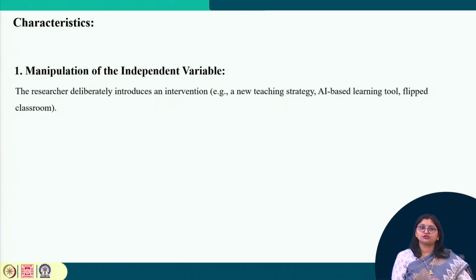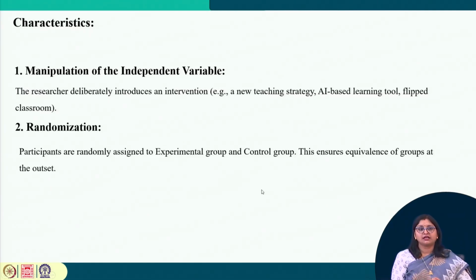In the manipulation of the independent variable, the researcher deliberately introduces an intervention like a new teaching strategy, an AI-based learning tool, an assessment tool, or a flipped classroom. In randomization, the participants are randomly assigned to the experimental group and control group.